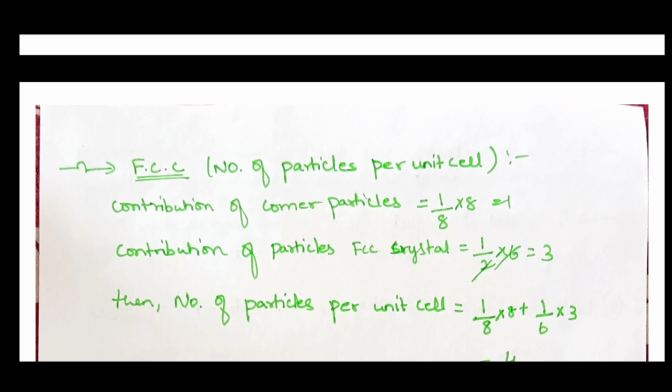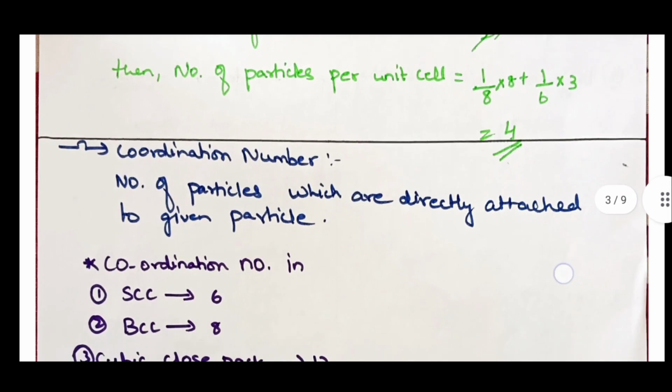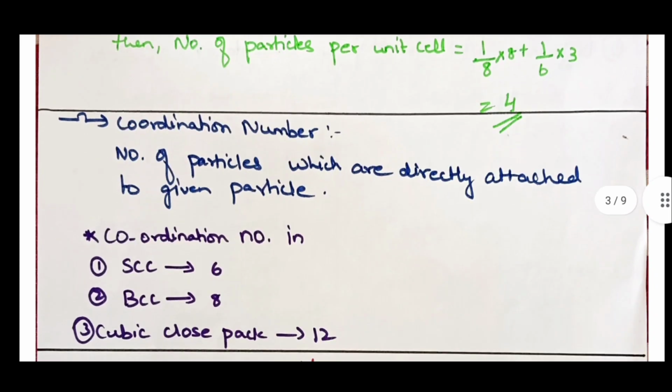There are 8 vertices, so if you cancel, you will get 1. The contribution of particles at the face centers in the FCC crystal is 1 by 2 into 6 faces. At the center of each of the 6 faces, its contribution is 1 by 2. 1 by 2 into 6 is 3. If you add both, 1 plus 3, you get the answer 4. That's it. This is an important 2 marker.